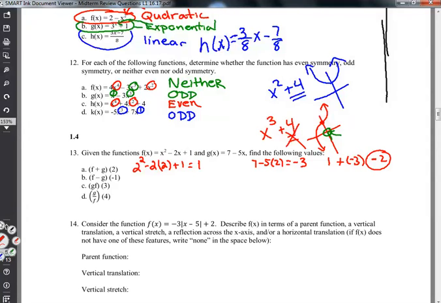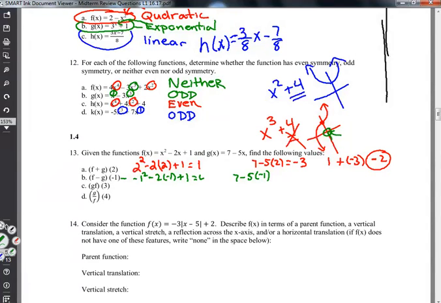Same thing for the next one. Negative 1 squared minus 2 times negative 1 plus 1, and then 7 minus negative 1. So we get 1 plus 2 plus 1.